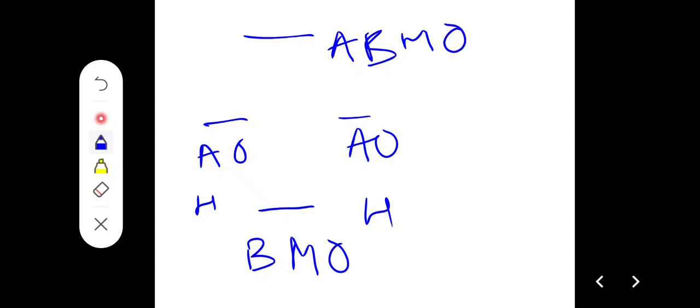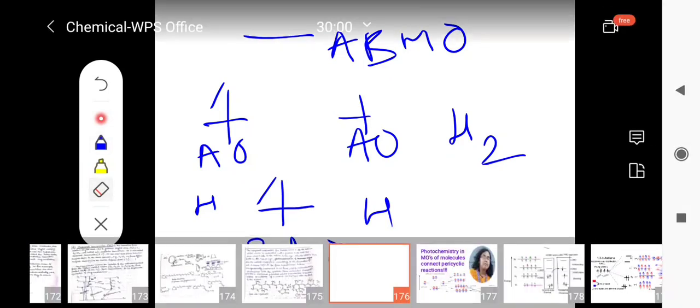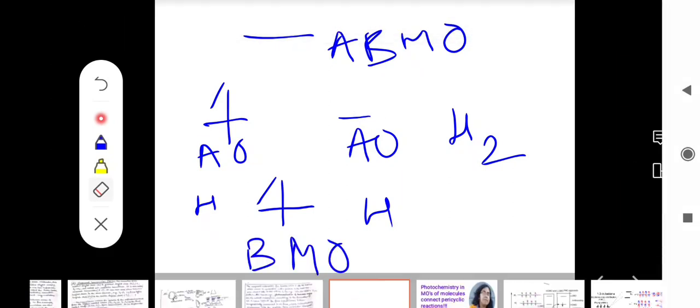For H2, each hydrogen provides one electron, so the two electrons go into the bonding MO.